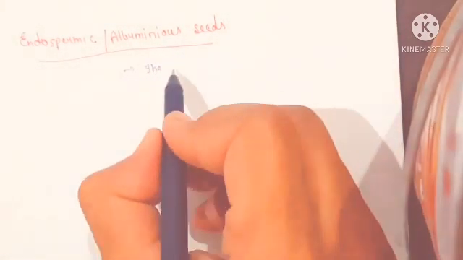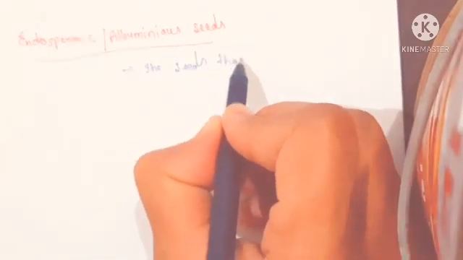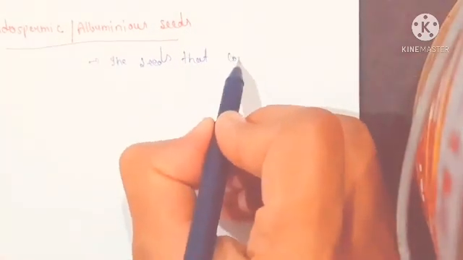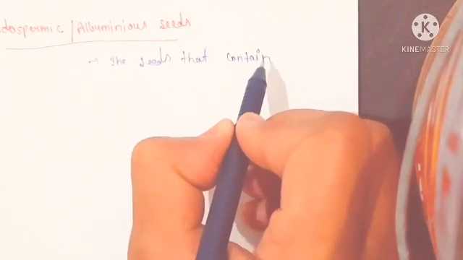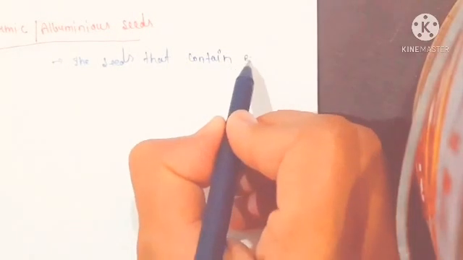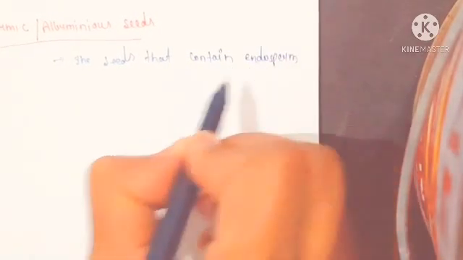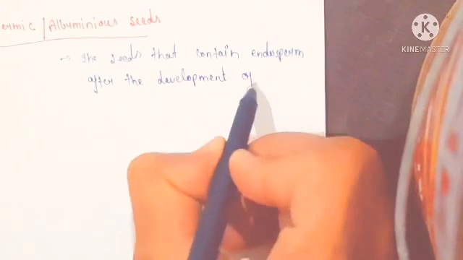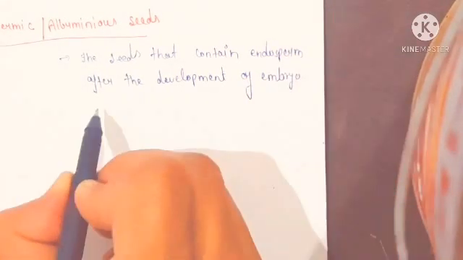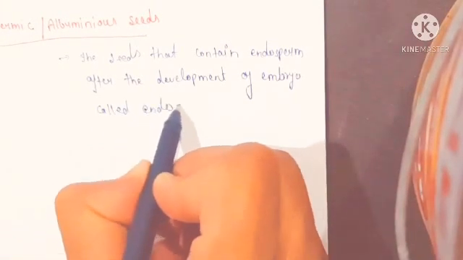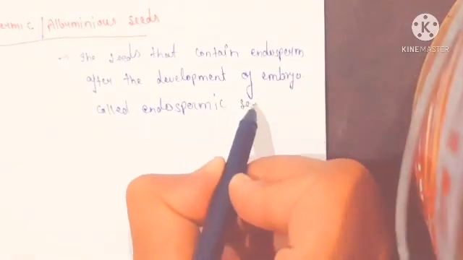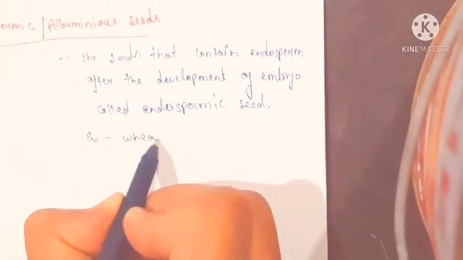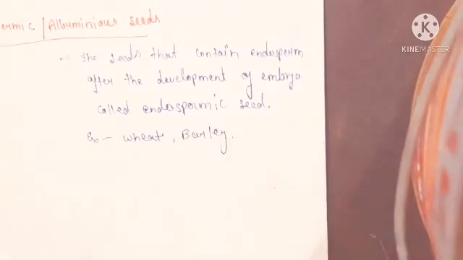You can define it as the seeds that contain endosperm after the development of embryo, called endospermic seed. For example, wheat, barley.